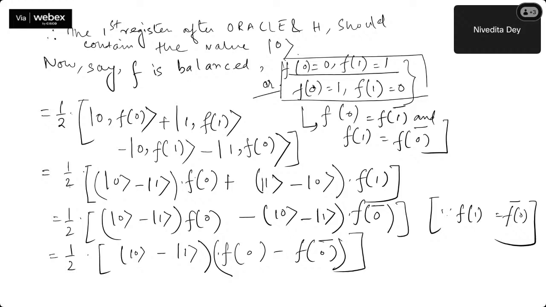Now, F0 and F0 bar can be either 0 minus 1 or 1 minus 0. Can I just write it in this way, ignoring the global phase?